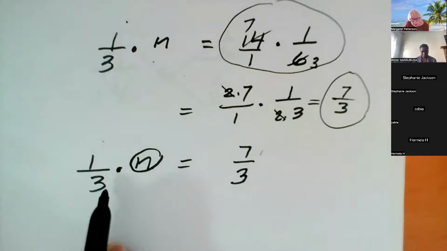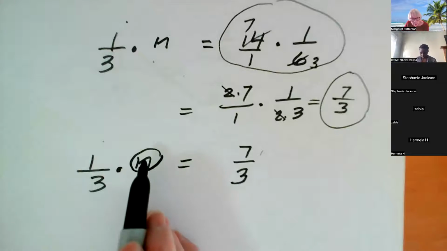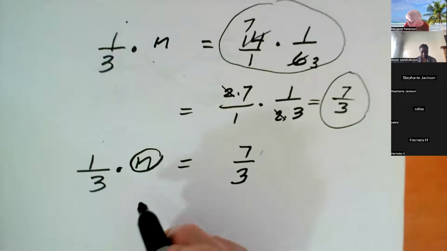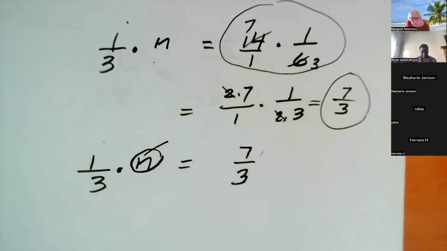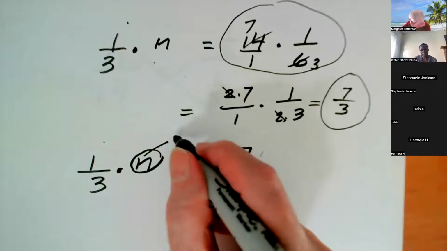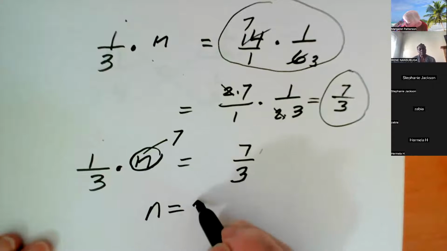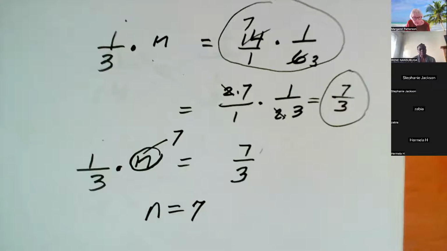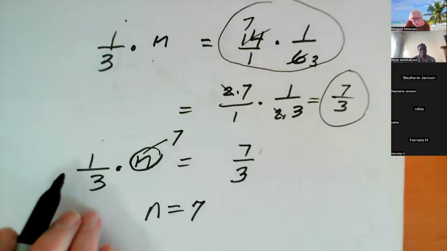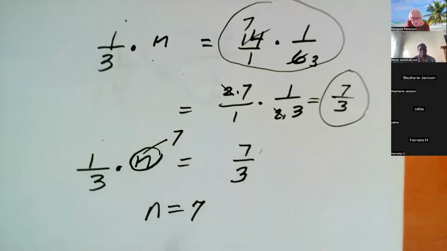We still have this. 1/3 times a number is 7/3. Can anybody guess what the number has to be? 7. It has to be a 7. So there are other ways to do that, but I think in this particular case, that's what I would do, is just say it has to be a 7. 1/3 times 7 would give you 7/3.